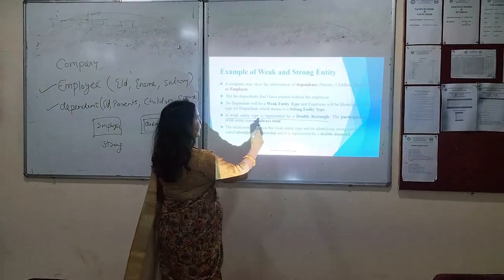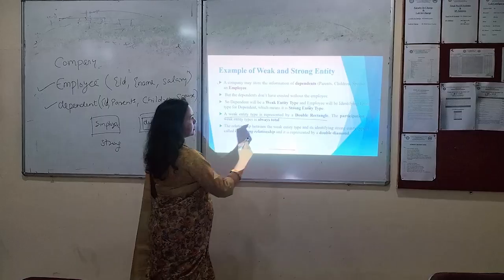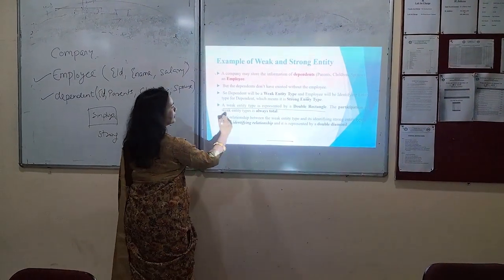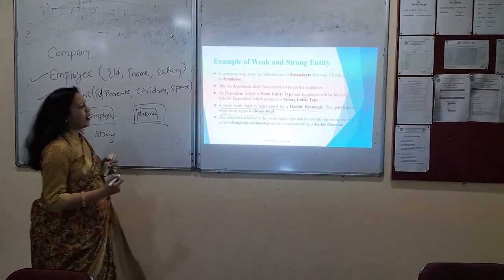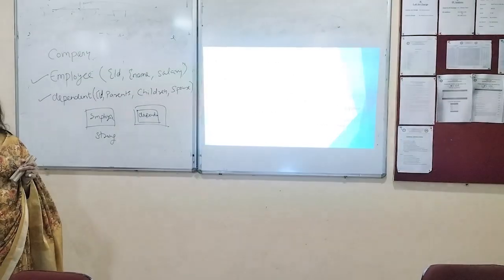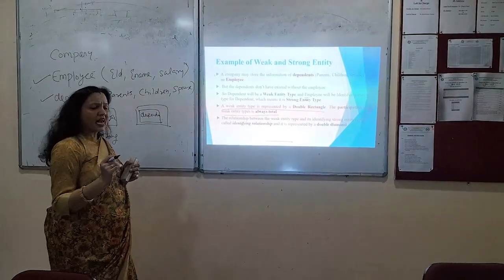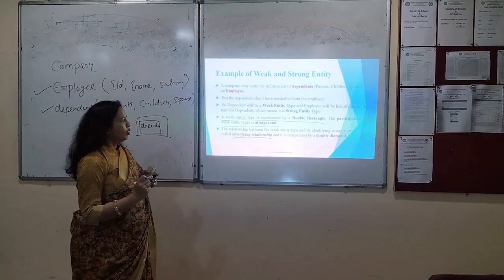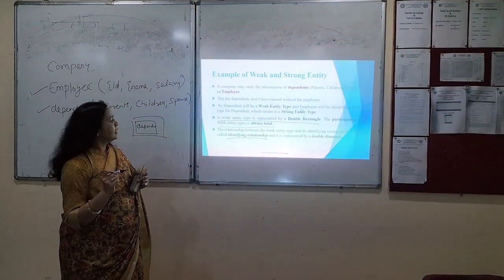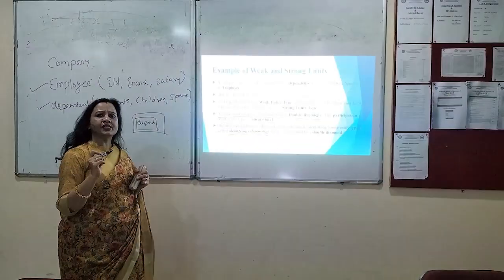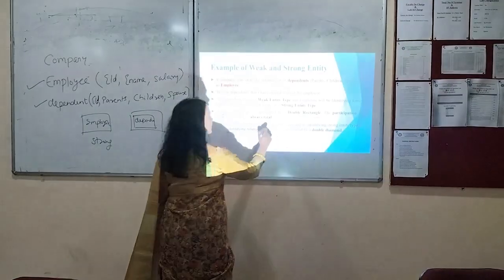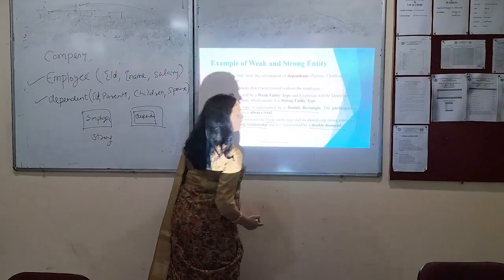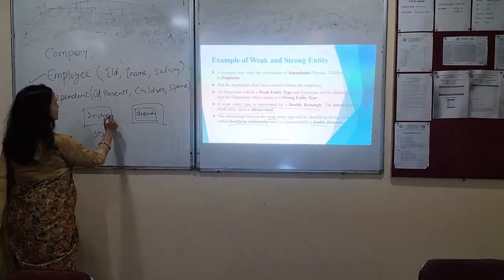The participation of weak entity types is always total, and this type of relationship is called an identifying relationship. So your strong entity has an identifying relationship with the weak entity, and this relationship is represented by a double diamond like this.